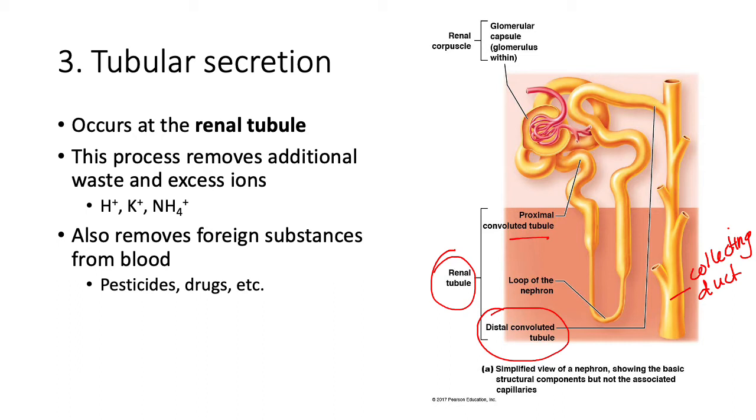This also is where foreign substances like pesticides and drugs can also be removed from the blood so that we can further purify the blood. But together, glomerular filtration, tubular reabsorption, and tubular secretion all work to do one thing.